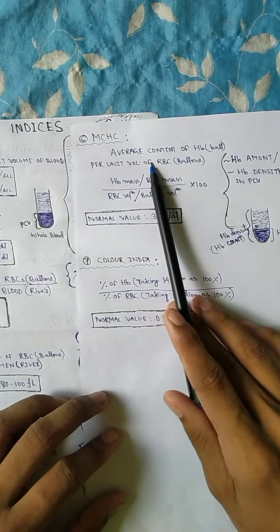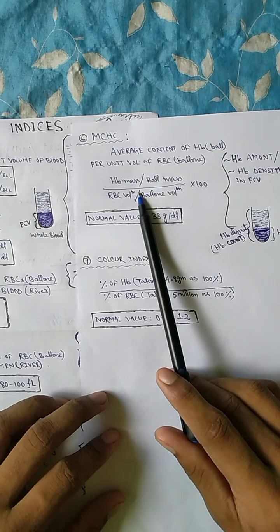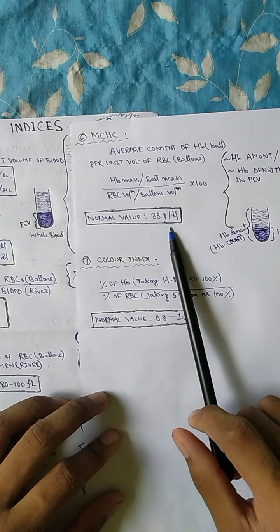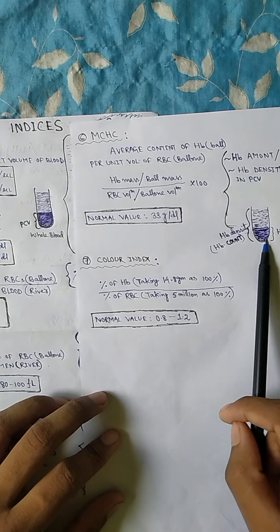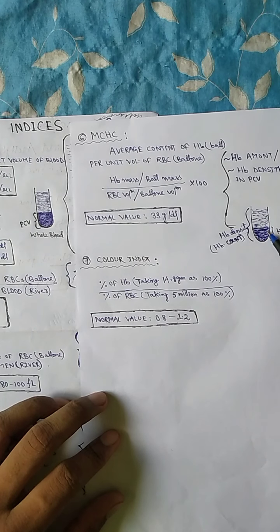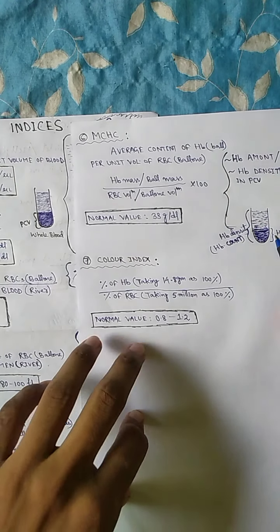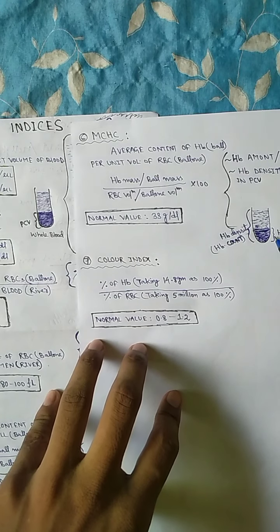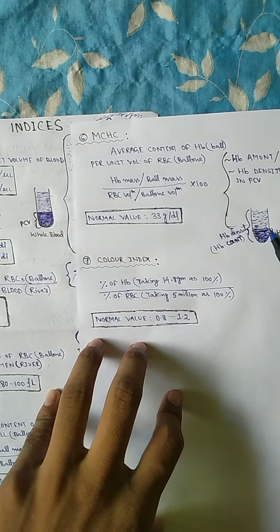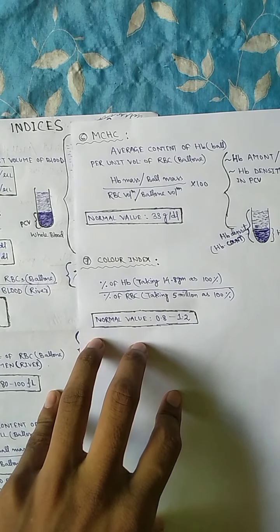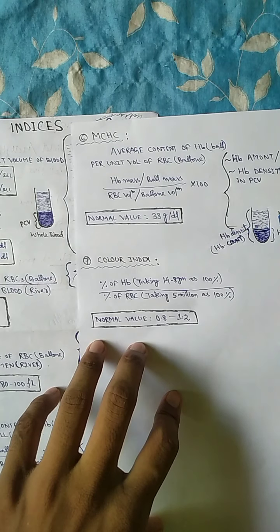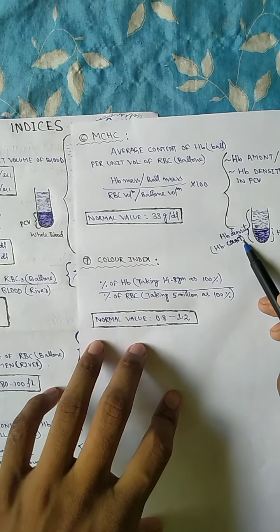And what is MCHC? It means the amount of hemoglobin in only the PCV. This is the whole blood, and this part is the PCV. So the hemoglobin density by volume in the PCV region is called MCHC, and the hemoglobin density in the whole blood will be just the hemoglobin concentration.